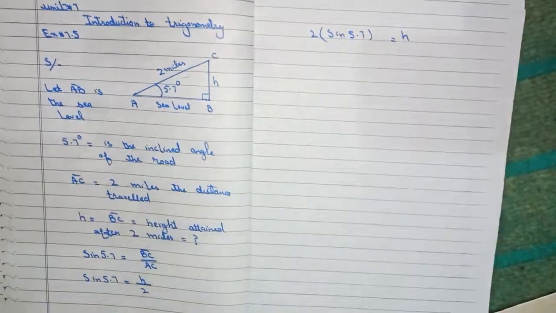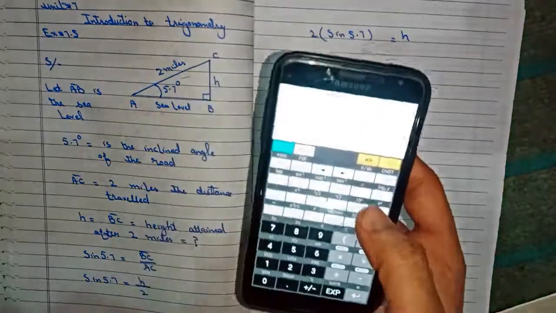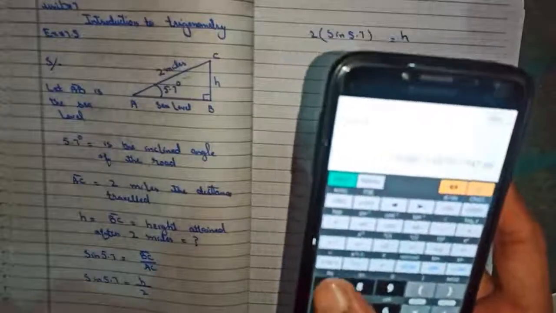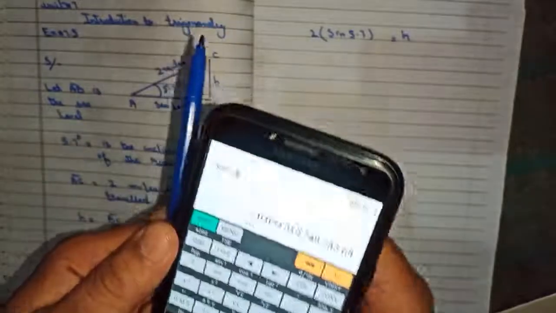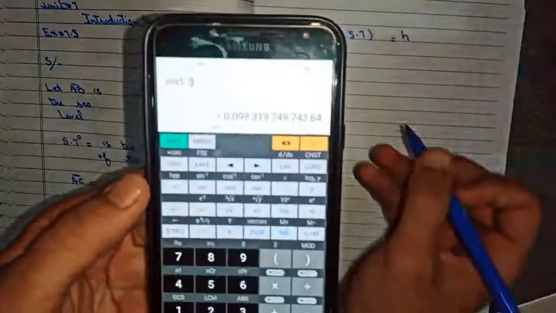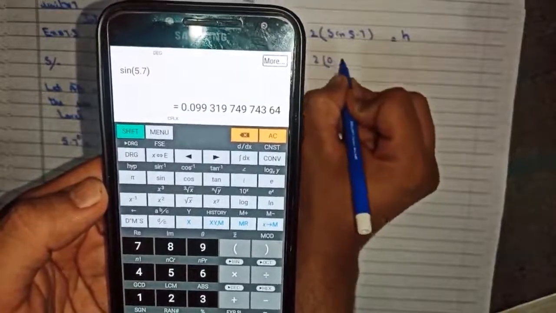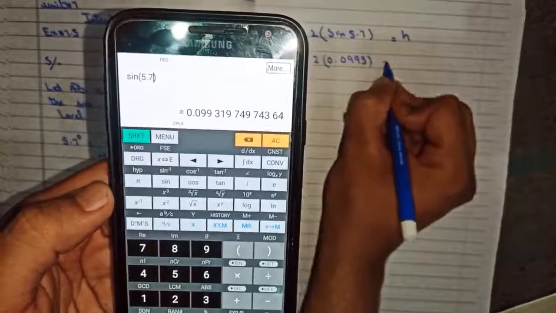Now what is sine 5.7? We will find its value using a calculator. Yes, sine 5.7 is equal to 0.0993.